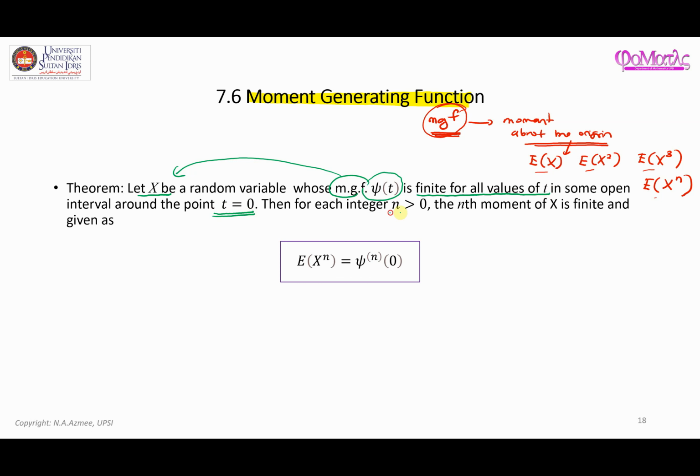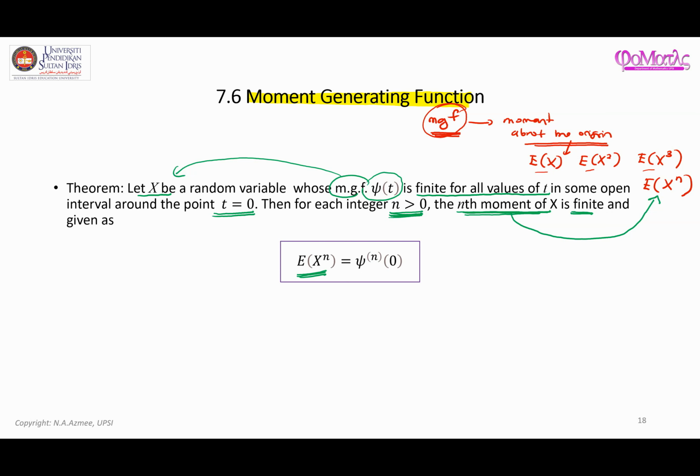Then for each integer n greater than 0, the nth moment of X, E[X^n], is also finite and given by this formula. So in order to find E[X^n], you have to consider the MGF, differentiate it n times, and substitute the value of t equals 0. That is the process.